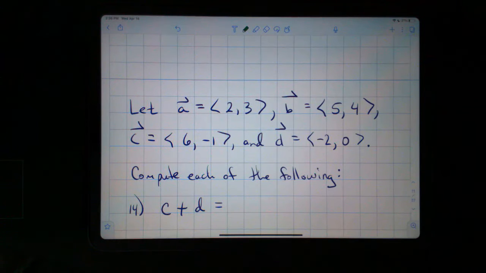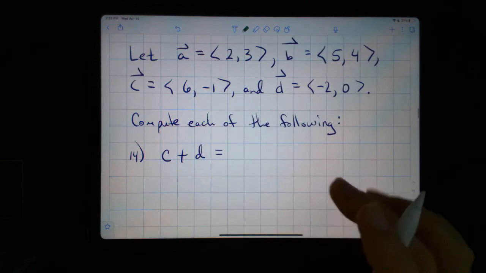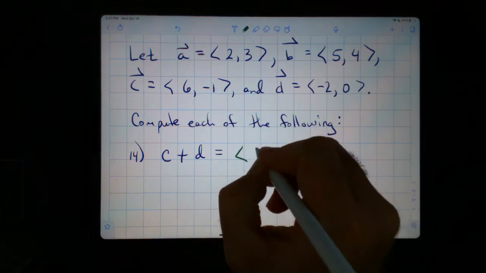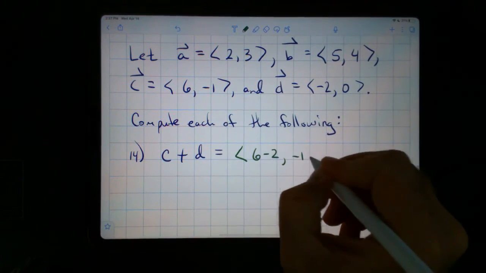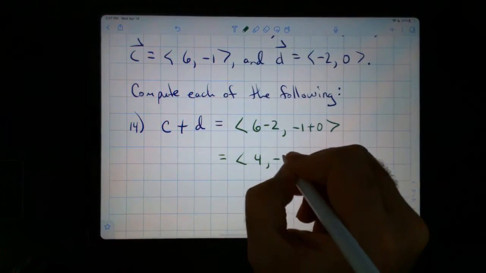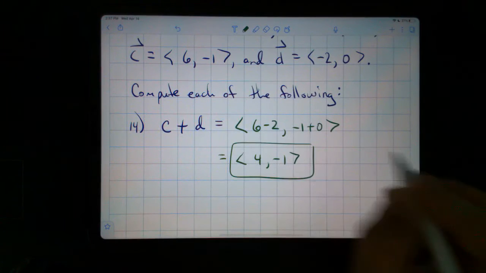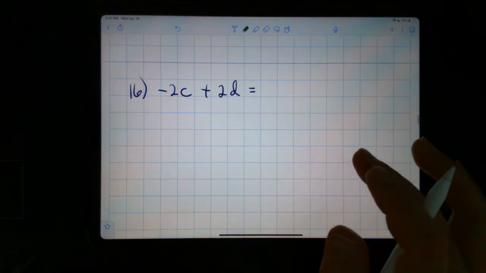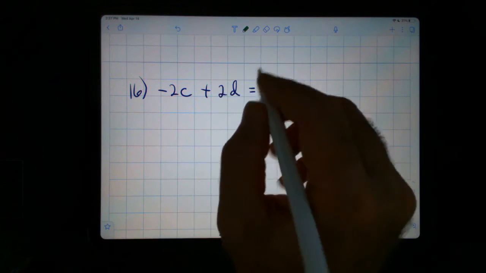So let vector A equal ⟨2, 3⟩, vector B equal ⟨5, 4⟩, C is ⟨6, -1⟩, and D is ⟨-2, 0⟩. Compute each of the following. So C and D is going to be negative 2C plus positive 2D.